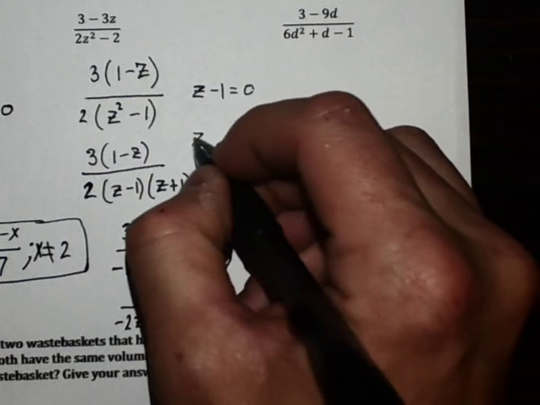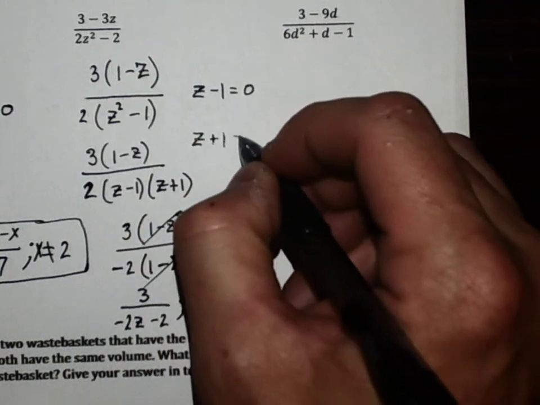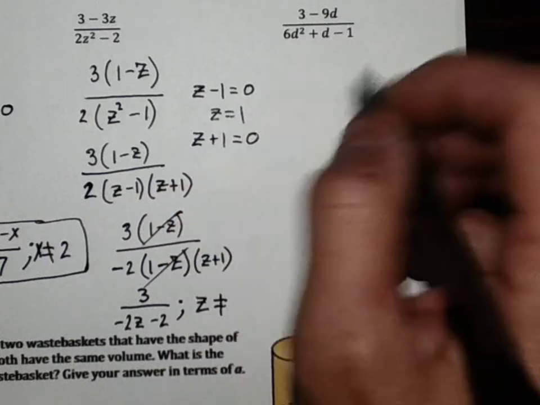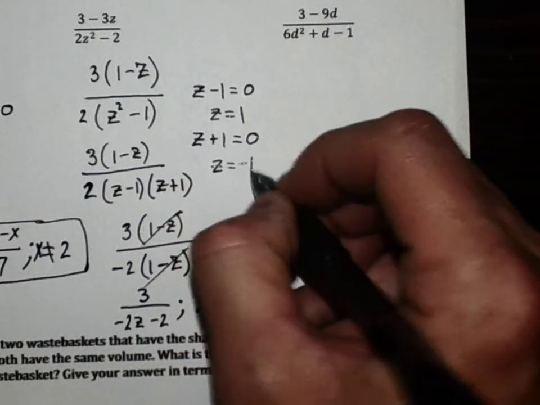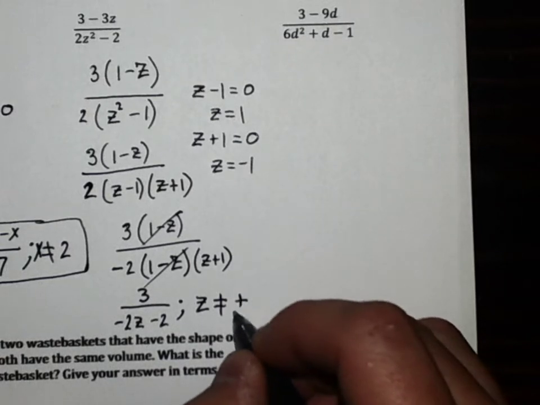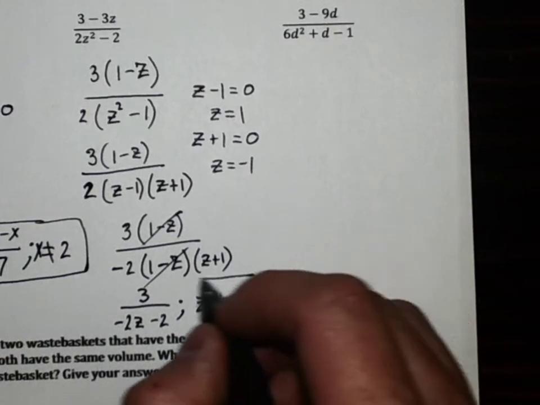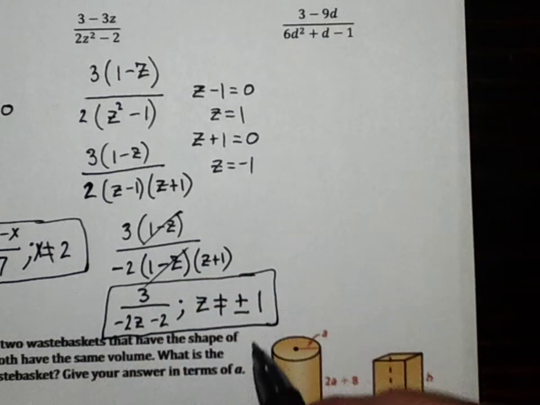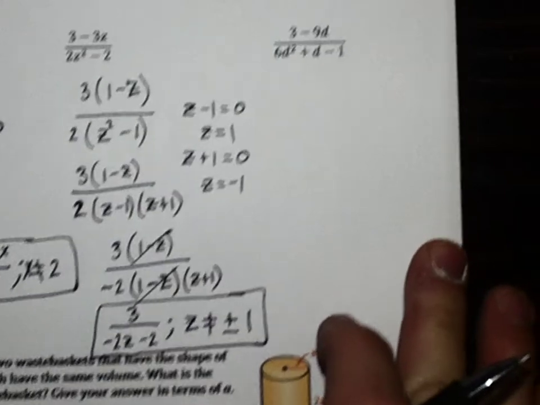You must set z plus 1 equal to 0. Add 1 over, and obviously you have z equals 1. Subtract 1, and you have z equals negative 1. What can z not equal? Both positive and negative 1. Those are the two things that would make the denominator 0.